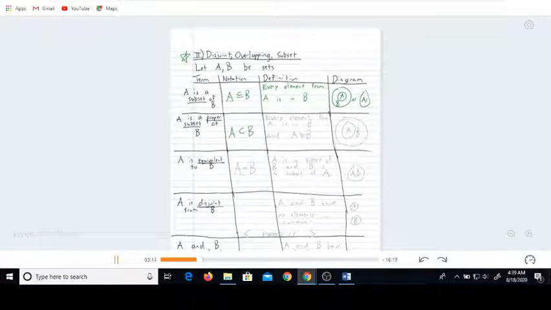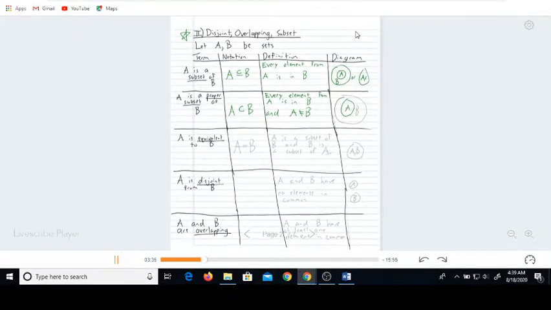And for a proper subset, A is a proper subset of B if every element from A is in B and A does not equal B. So proper subset means A is truly, completely contained inside B, and they are not equivalent.